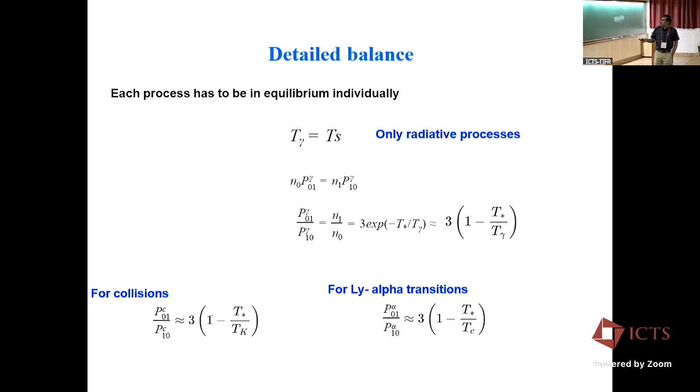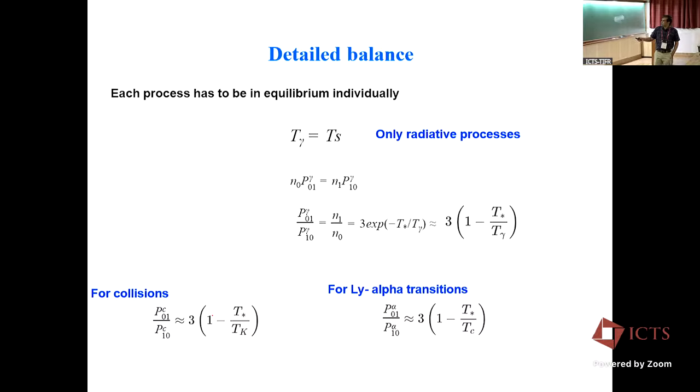And if we calculate this ratio P01 gamma by P10 gamma, you get this N1 by N0, and we have already defined N1 by N0 as 3 e to the power minus T star by TS, but here TS is T gamma. So basically this ratio becomes equal to this.